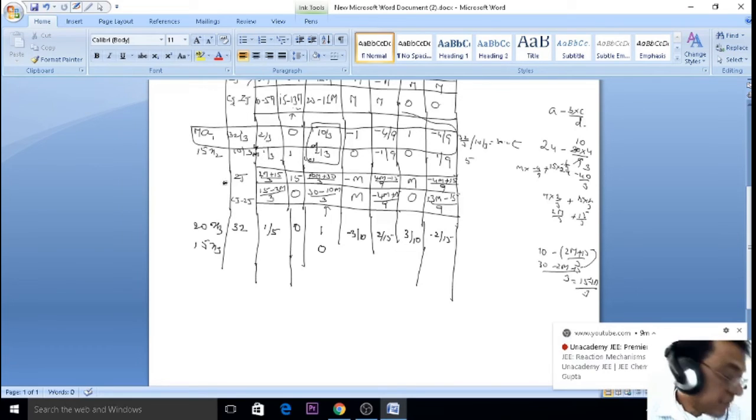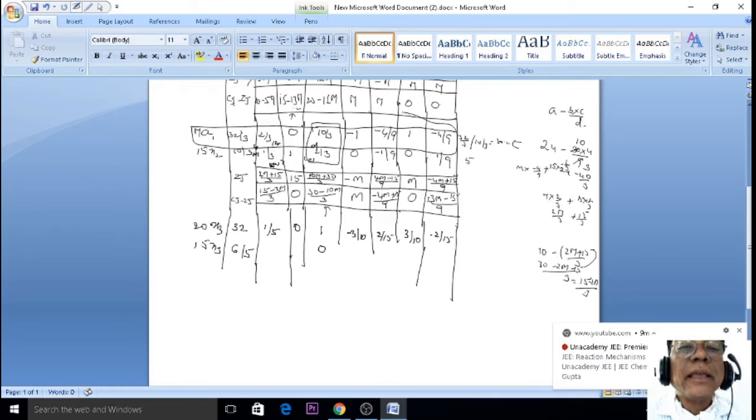Apply our condition. 10 by 3 apply: A minus B into C by D. 10 by 3 minus 2 by 3, B into C. 2 by 3 into D is 10 by 3. So using our formula, you will get 6 by 5. Same thing, A, B, this is the A, simple thing.